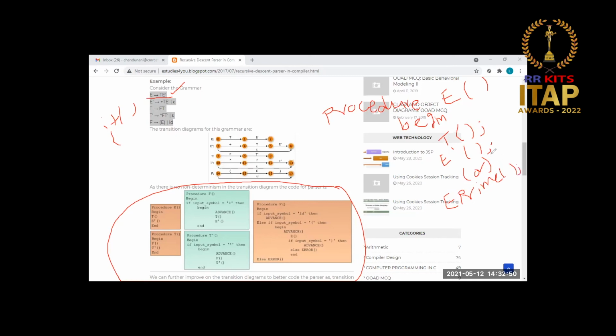You can consider any one of these. So here we have started the grammar with begin, and then on the right hand side the T production rule and then the E dash, or E prime function. This is the end of the first production rule, so just simply end the procedure.